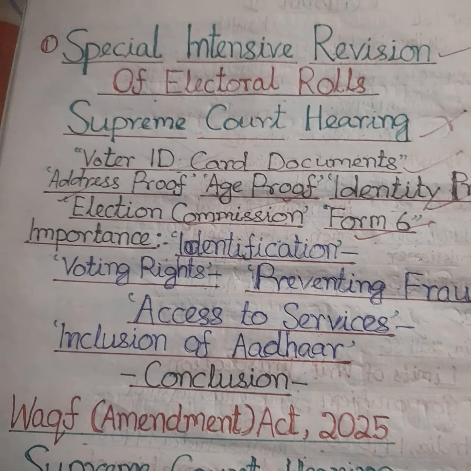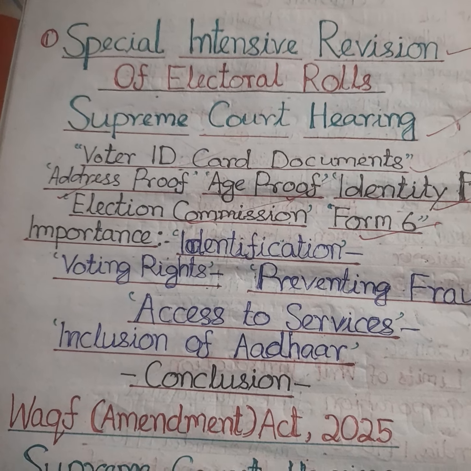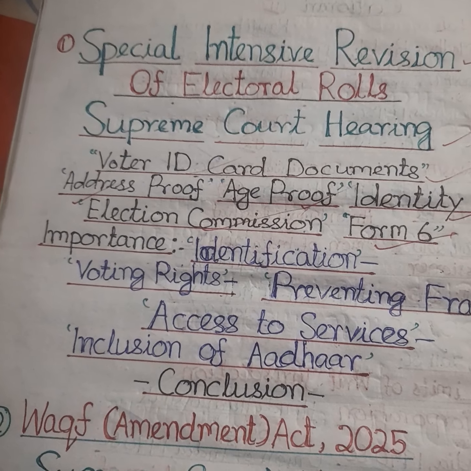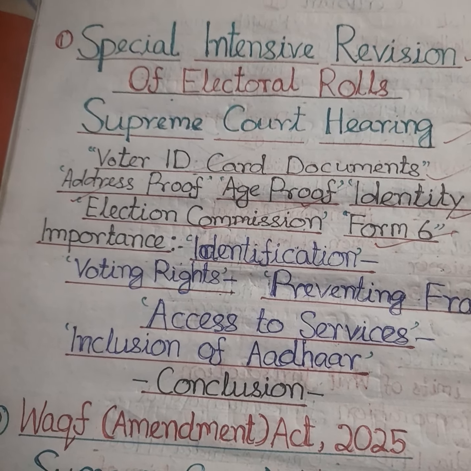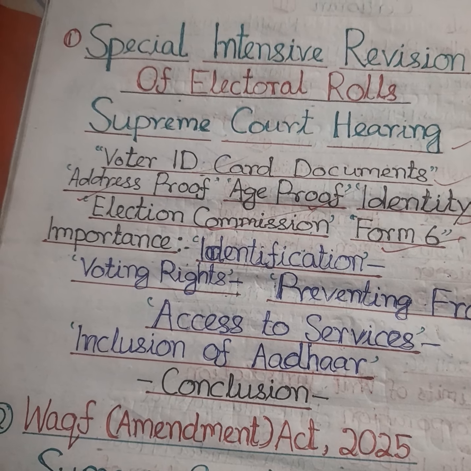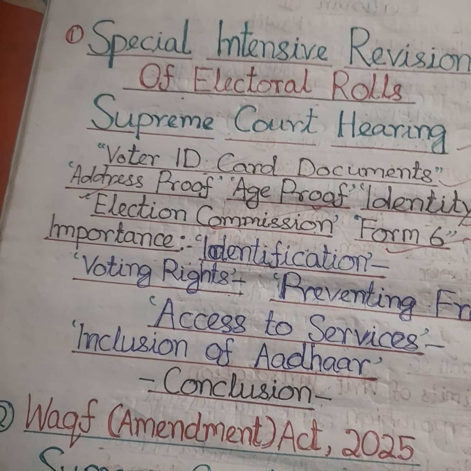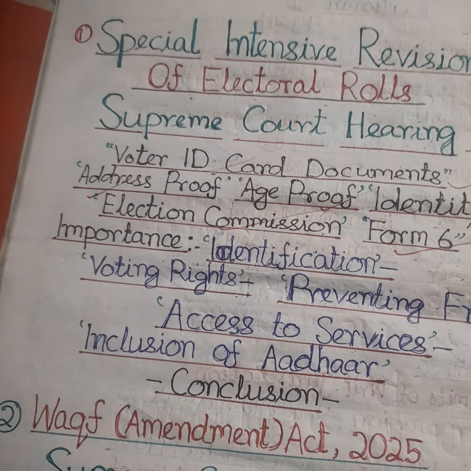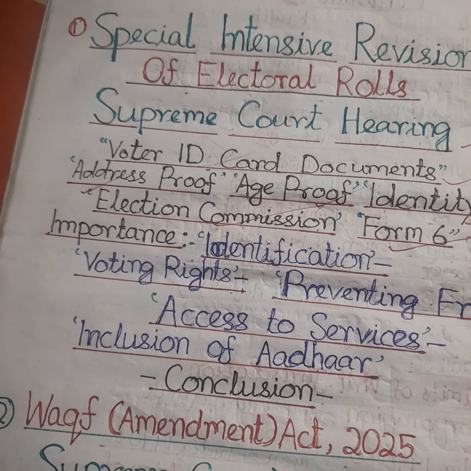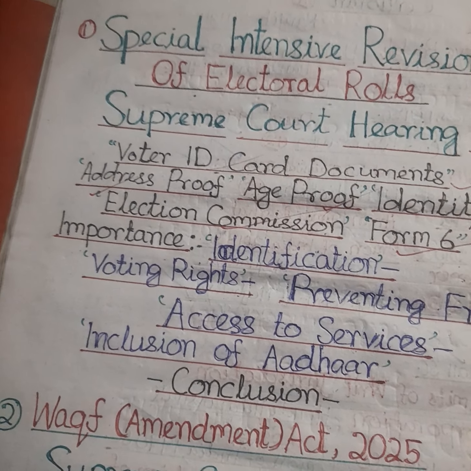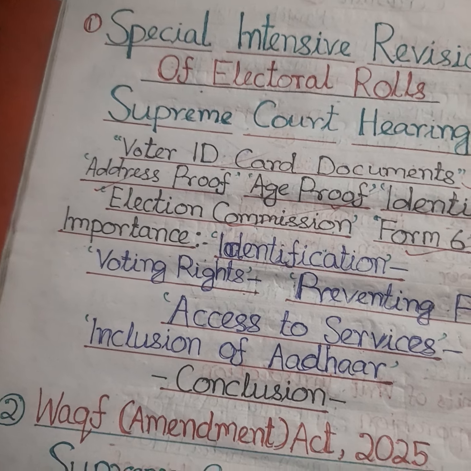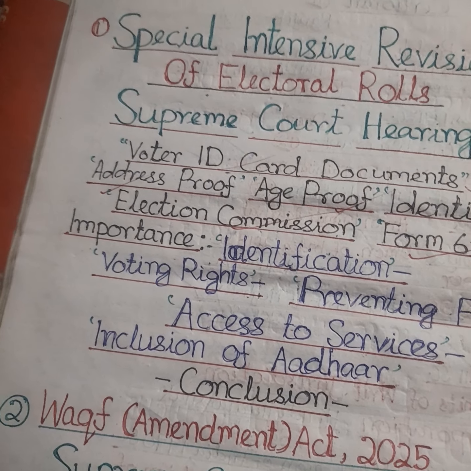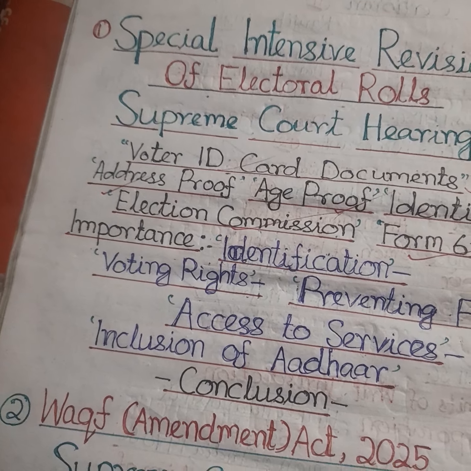So, to apply for a voter ID card, certain documents need to be submitted to the Election Commission of India or the respective state election commission. These documents serve as proof of identity, address, and ensure the authenticity and eligibility of the applicant.